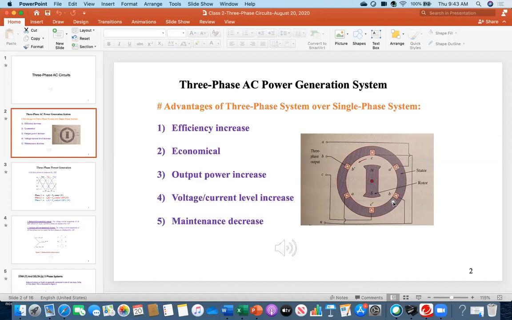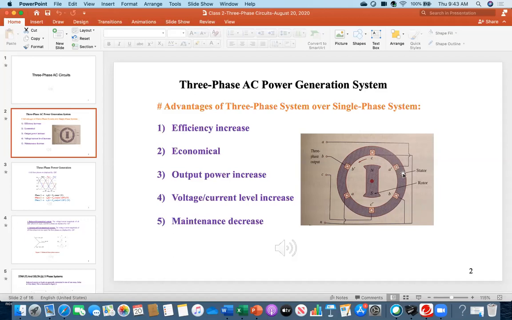So everybody see, this is the three-phase power generation system. This circular body is called the stator, or sometimes the armature, on which the coils are mounted. In this case, A prime means there is a coil; A is one end, A prime is the other end. So A prime, B prime, then C prime.